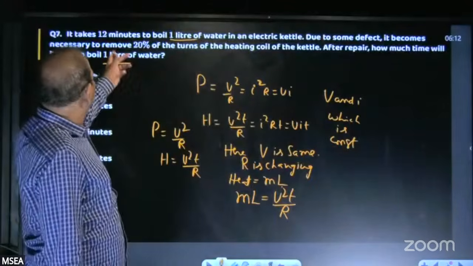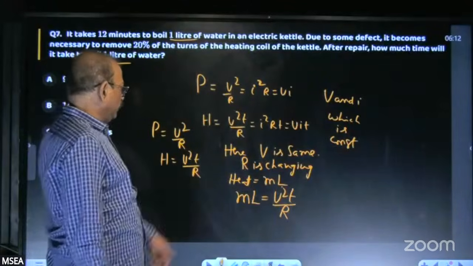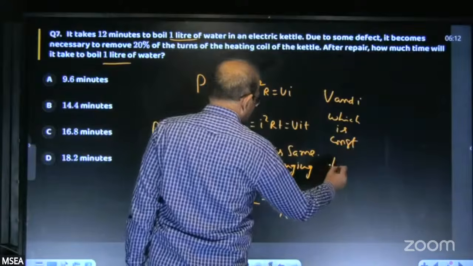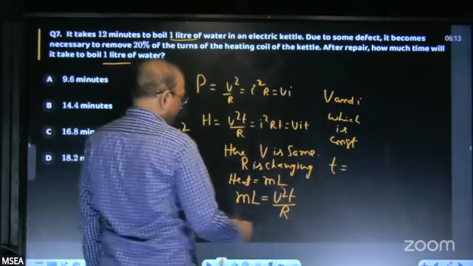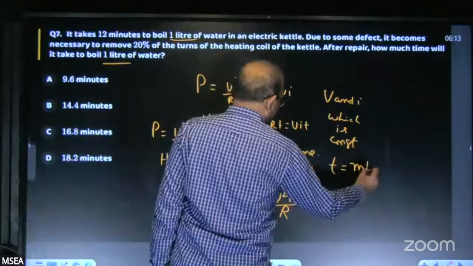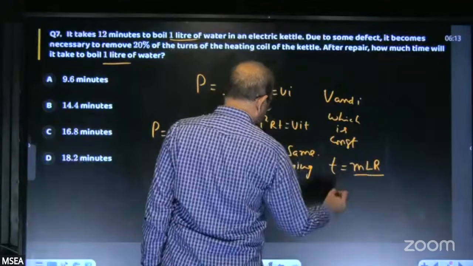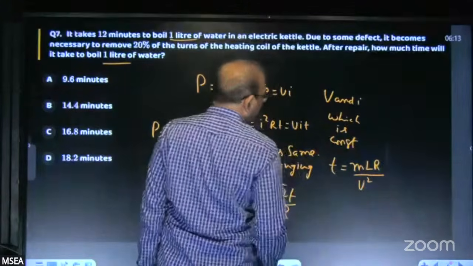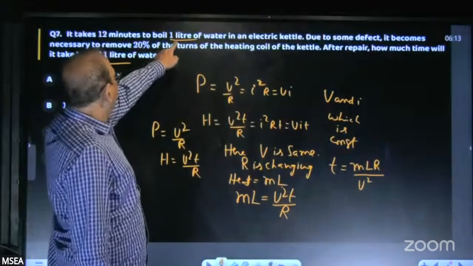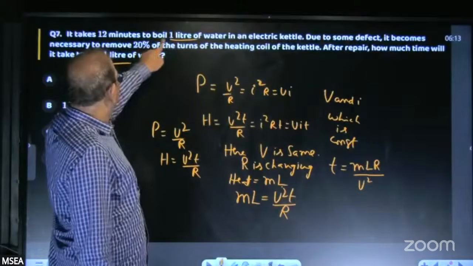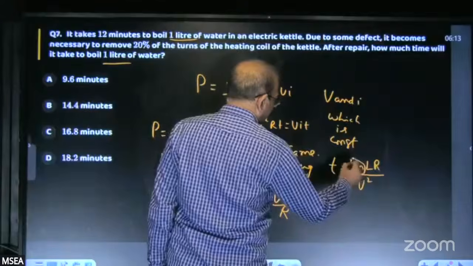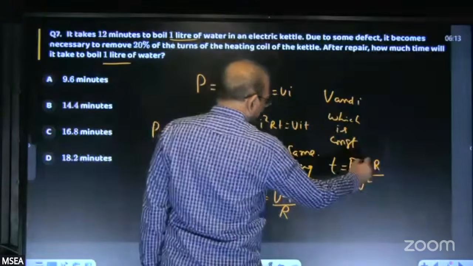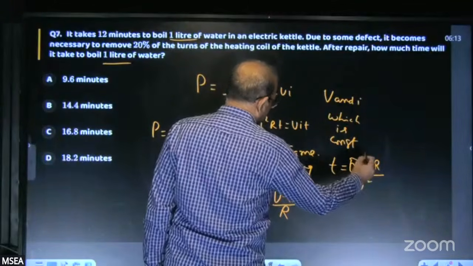Now, what is asked is to find time. Let us make a formula for time from this. Cross multiply: T equals mLR by V square. Now, in this problem, the same amount of water in both cases, their mass is the same. Latent heat of water is constant.